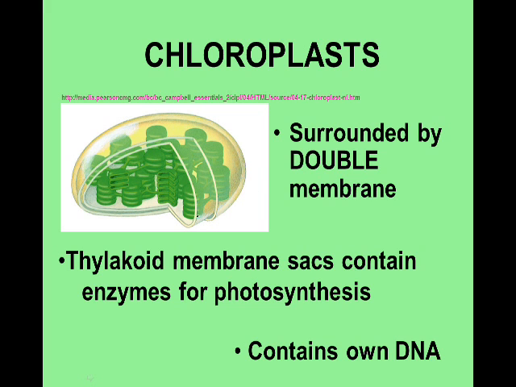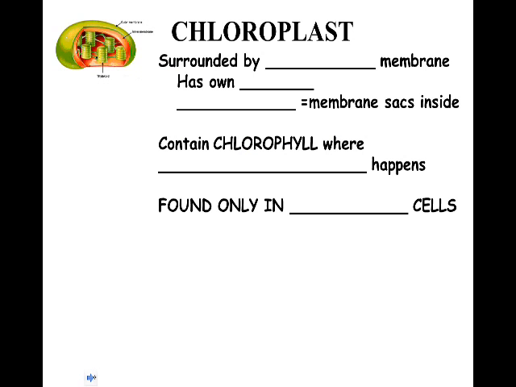This cell part is pretty important, and we want the information about how to do our job right there in the cell part. And we're going to talk more in our next slideshow about why it is that only certain cell parts have double membranes and their own DNA, mitochondria being the other one, and what connection those two organelles have to each other. So let's get something about chloroplasts in our flipbook.